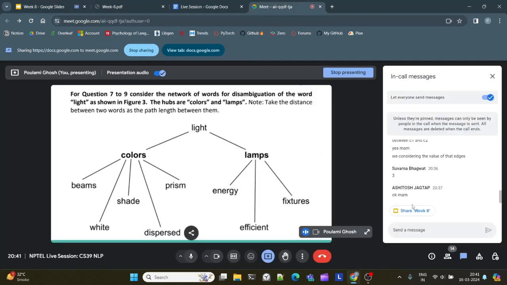This is the graph. I'm pasting the question in the chat as well. Following the graph, you need to solve it. Just try once. We'll be discussing in 1 or 2 minutes.